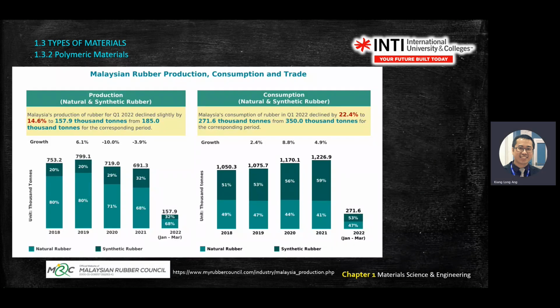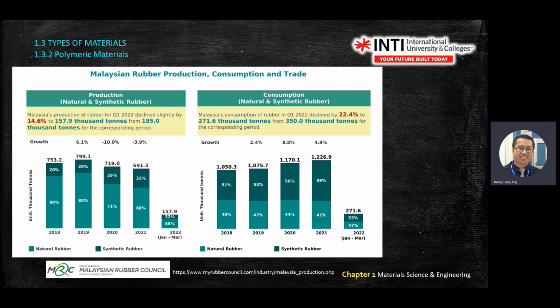Let's look at some data from Rubber Council Malaysia statistics. This is the latest from their website, which I extracted. Of course, this is during COVID time, and the gloves were selling very well.